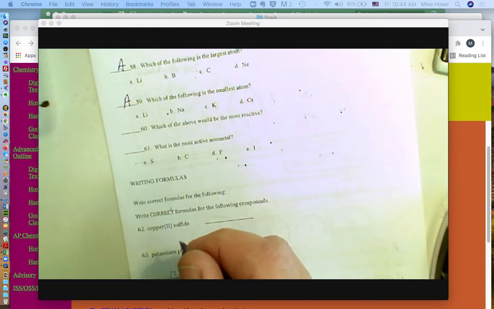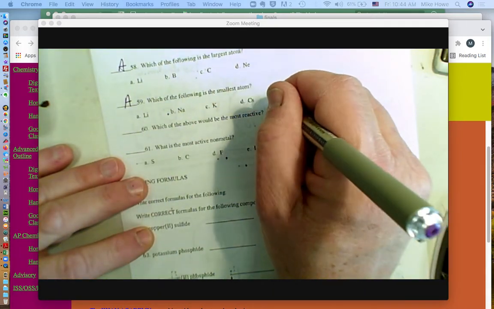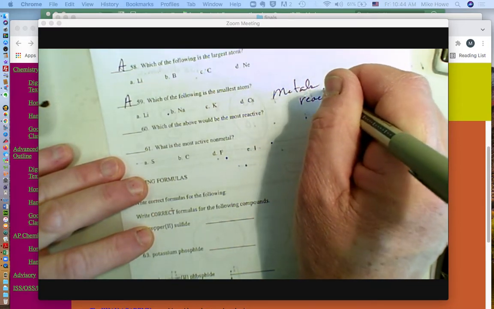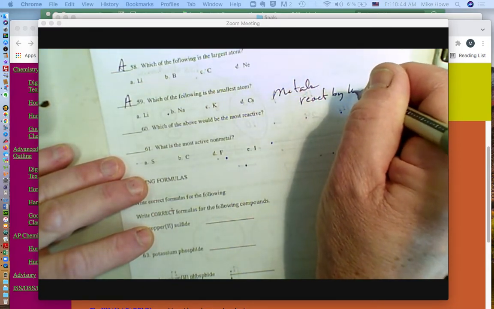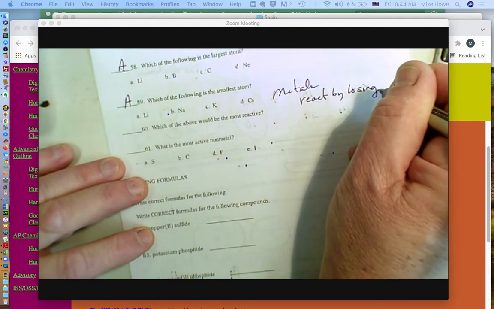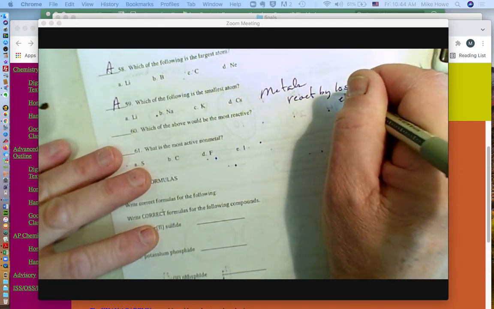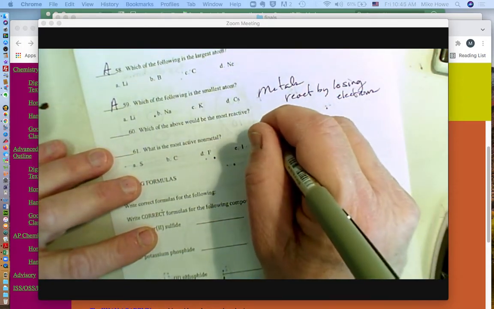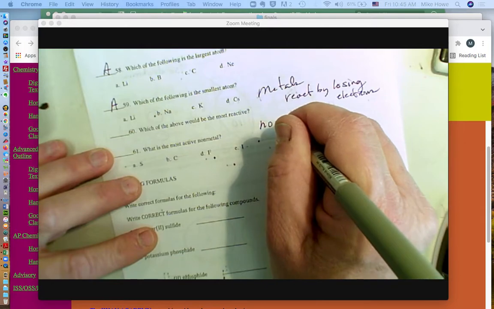Which is the most reactive? Now these guys are metals. They react by losing electrons. Remember their charges are positive when we're writing formulas? Nonmetals react by gaining electrons.